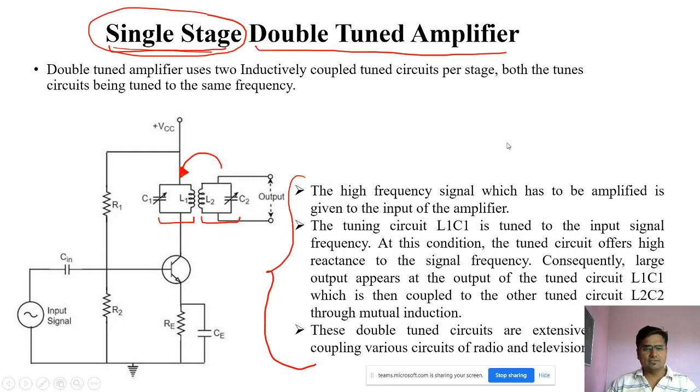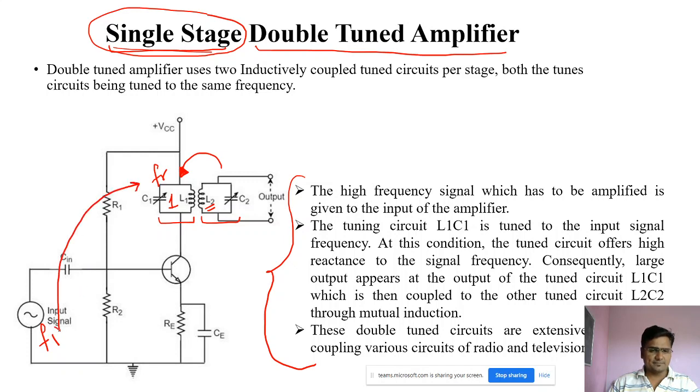Now what's the point? The frequency of the input signal. For example, if this is the input signal F1, and this is tank circuit 1 and this is just a simple coil, then the tank circuit 1's resonant frequency FR, when it is matching with this signal, F1 and FR.